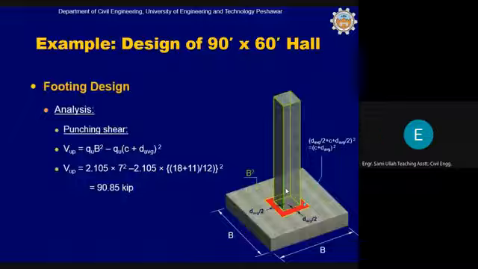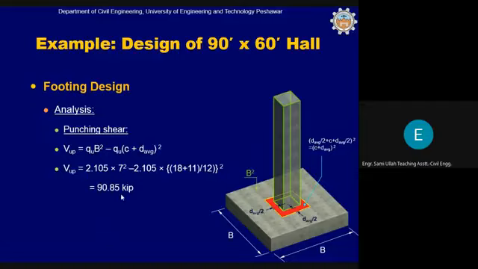The bending moment is calculated by this equation, Mu is equal to QU B K square divided by 2. How is this done? This is a square footing, so the bearing pressure per square foot is QU.